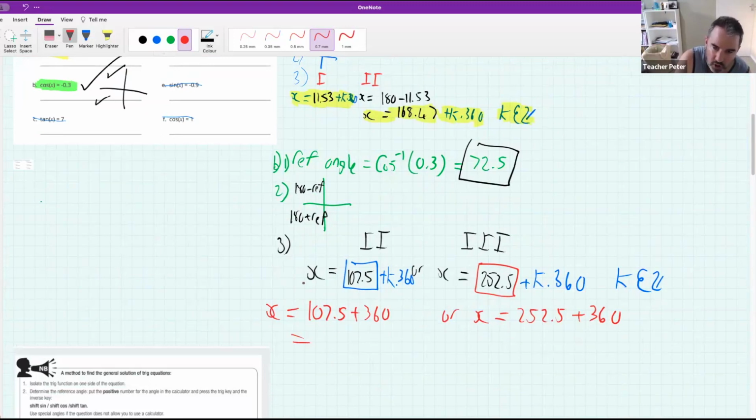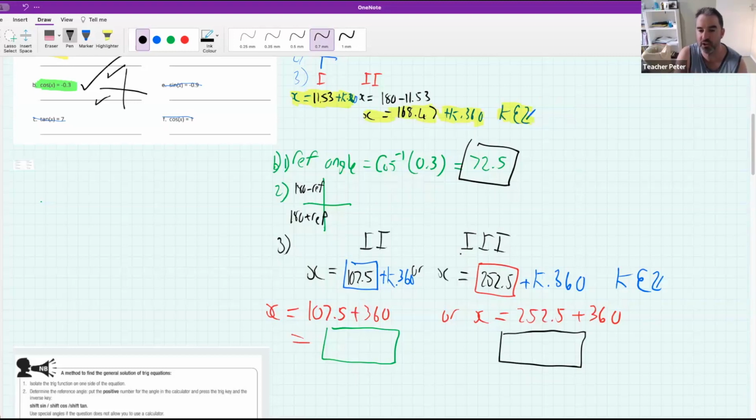Now, I want to know, if I wanted to generate these other solutions, what would be in the green box and what would be in the black box? I'm actually using the general solution to make more solutions, but I just want to test that you understand this idea. So tell me what another set of solutions are to this equation, because I've added a multiple of 360. Can you get what's in the green box and what's in the black box?